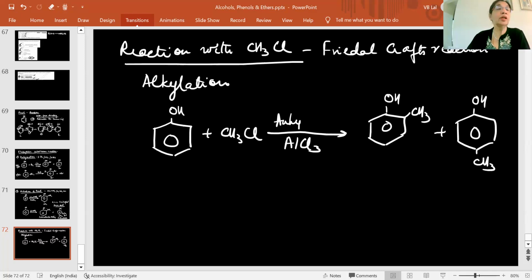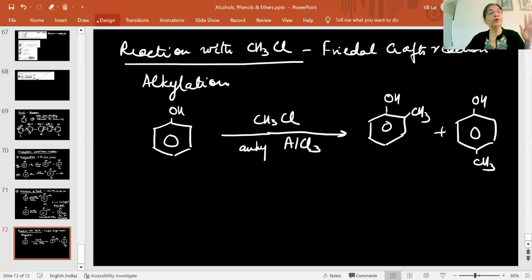So orthocresol and paracresol, known as cresol. I would write CH3Cl on the arrow so that I don't have to balance the equation. These are a few reactions due to the benzene ring present in phenol.